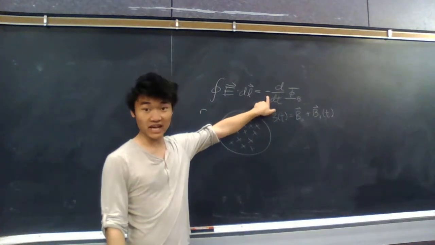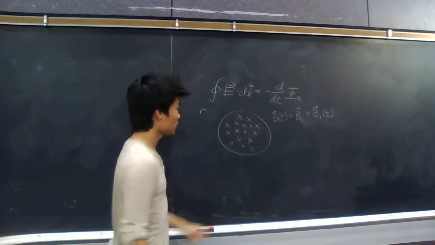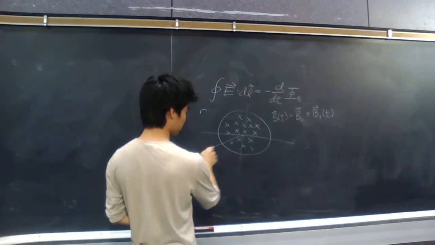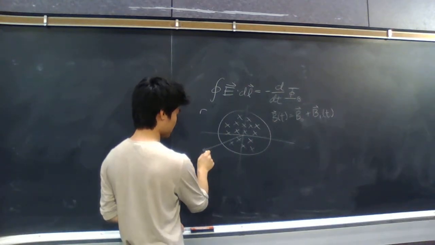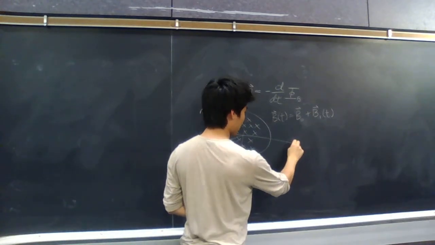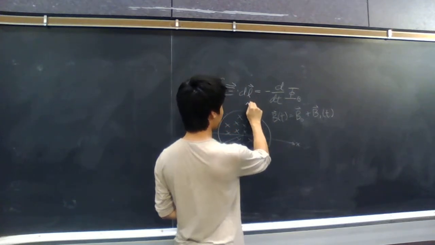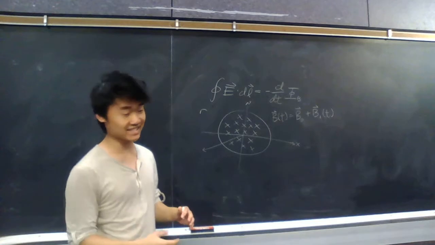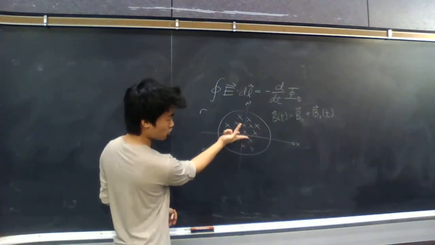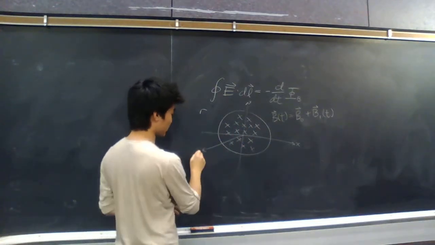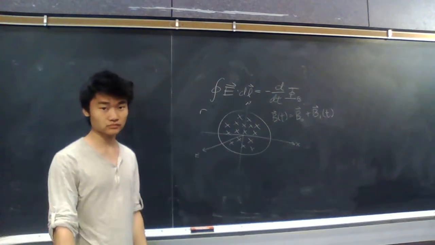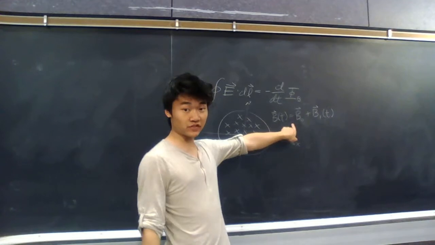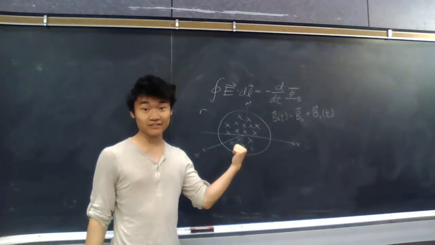Now this negative sign, where is that going to come into play? Well, think about the way I'm going to do the axes. Let's say I define my axes this way. This is the x, this is the y, and the right-hand rule will tell us which way the z-axis has to point. So z has to be pointing out of the board. So basically our magnetic field is pointing in the negative z direction.